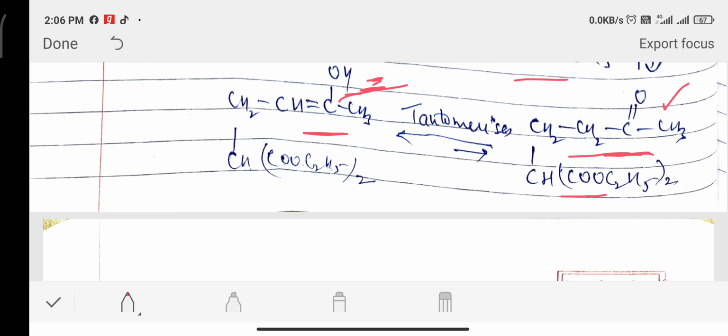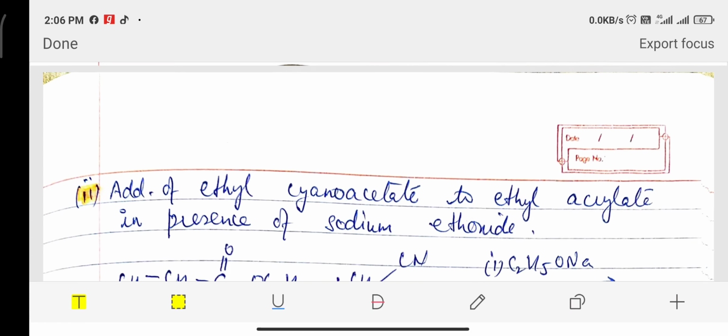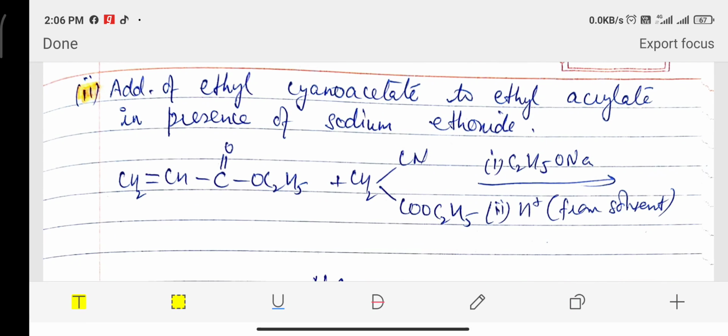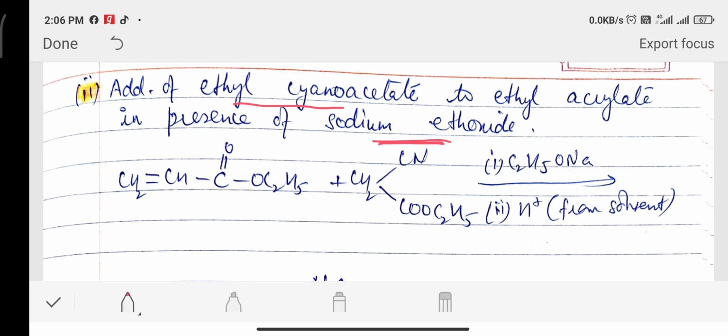We can also show this with other similar reactions, that is, addition of ethyl cyanoacetate to ethyl acrylate in the presence of sodium ethoxide. Sodium ethoxide basically abstracts the hydrogens. Now this is the ethyl acrylate.